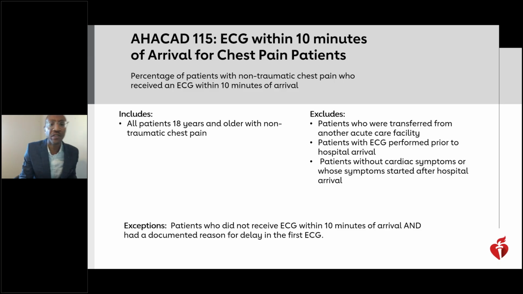And in patients presenting with ECGs or patients presenting with chest pain, we're looking at patients who are greater than 18 years of age. We're also able to exclude patients who may not be fair to be graded according to this criteria, such as patients who are transferred from outside facilities or patients who had symptoms that started after their hospital arrival.